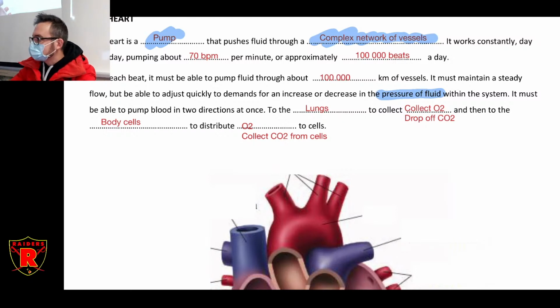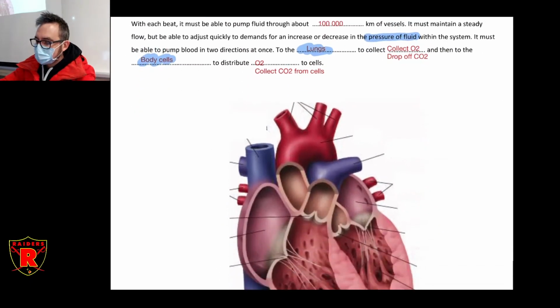And it is simultaneously pumping 2 different circuits. So you've got your pulmonary circuit to the lungs, where it's going to collect O2 and drop off CO2. And then you've got your second, systemic circuit to the body cells, where it's going to distribute that O2 and collect CO2. So let's talk about the actual anatomy of this thing.